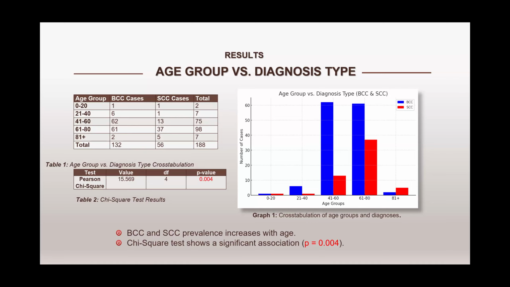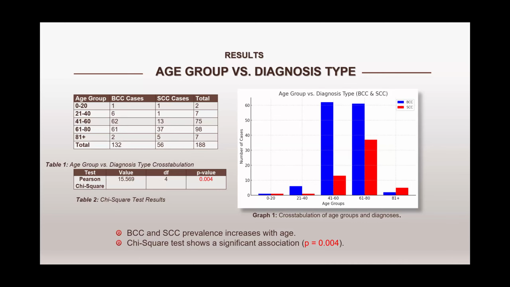So a person can have BCC or SCC in their 60s, 70s, or 80s. But we also saw in our study that we have younger patients diagnosed with BCC and SCC. We have one patient who belonged to the age group 0 to 20 years old, and 6 patients from 21 to 40 years old.